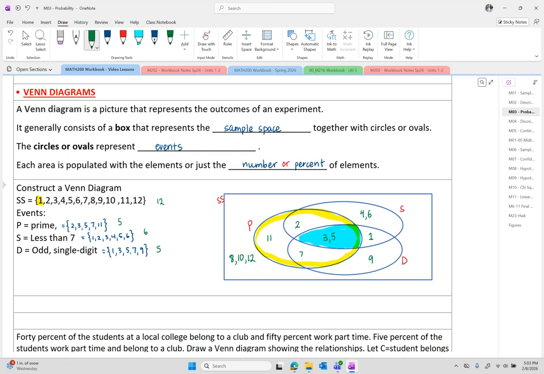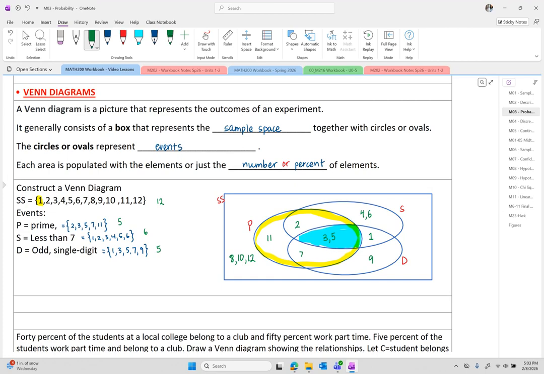The way these numbers have been split, they are in areas that describe a characteristic of them. So they fall into a particular event or not, and they are grouped in mutually exclusive areas that have certain properties. So the number 11 is a prime that is not less than 7 or an odd single digit number. The number 10 is in the sample space, but it is not a prime.